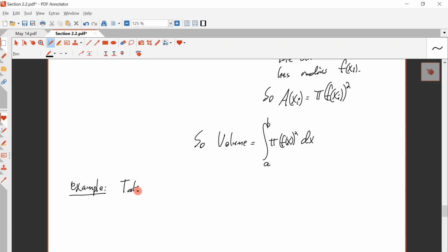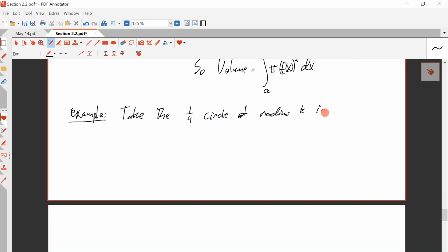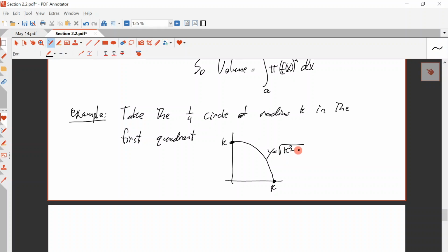So take the quarter circle of radius k in the first quadrant. So that is this, and the equation for it is y equals the square root of k squared minus x squared.